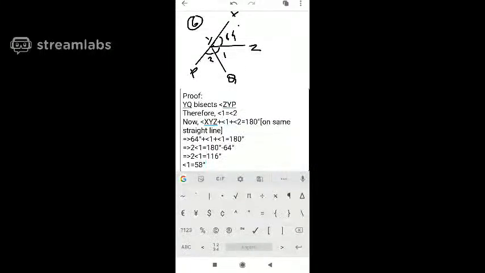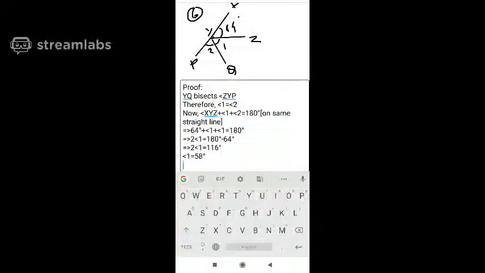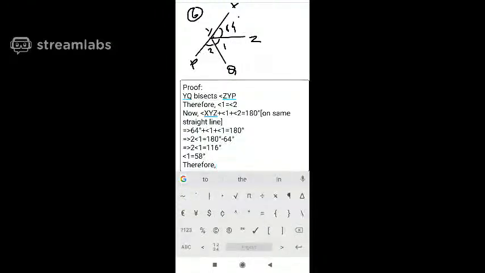So angle 1 equals 58 we are getting, therefore we can write angle 1 equals angle XYQ.